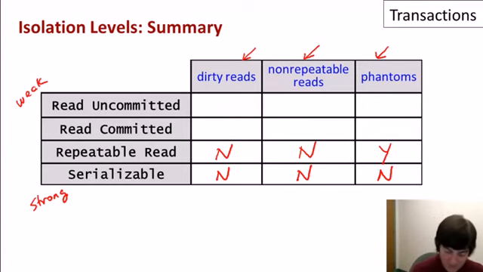Moving up with read committed, we still won't have dirty reads, but we might have non-repeatable reads. So we might read a value that's committed both times we read it. However, a transaction wrote the value in between those two reads, so it's different each time. And we may have phantoms as well. Finally, read uncommitted is the absolute weakest, not many guarantees at all. We might have dirty reads, we might have non-repeatable reads, and we might have phantoms.